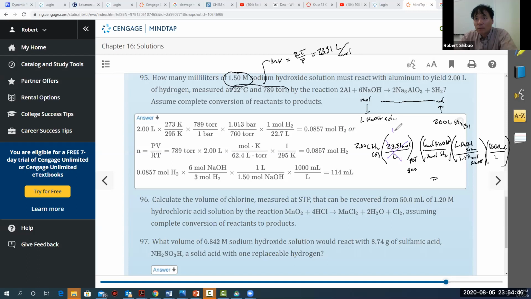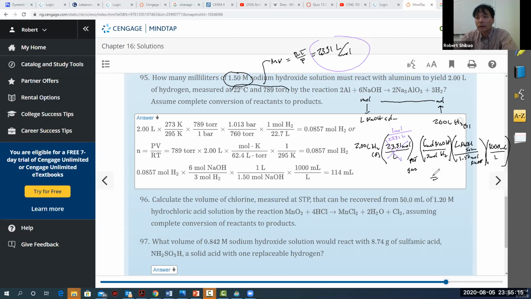1 mole of gas is 23.31 liters. That's a molar volume. And so 23.31 liters per mole. This is what it is. And so let me recalculate it. It's 2 divided by 23.31 times 6 divided by 3 divided by 1.5 times 1,000.